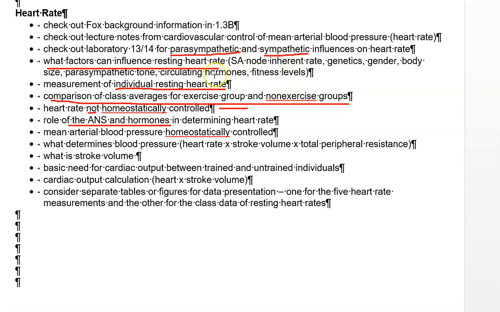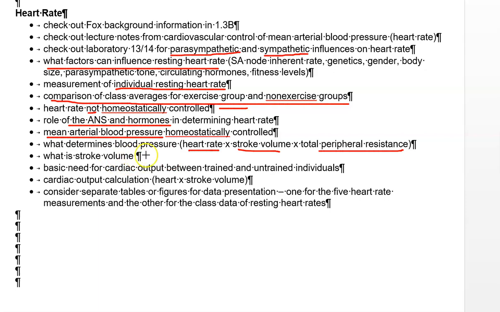You should discuss, even though heart rate's not controlled homeostatically, it's used as a variable to help control mean arterial pressure. What determines blood pressure, mean arterial pressure, is heart rate times stroke volume times TPR, total peripheral resistance. So if we need to increase blood pressure, heart rate would go up.